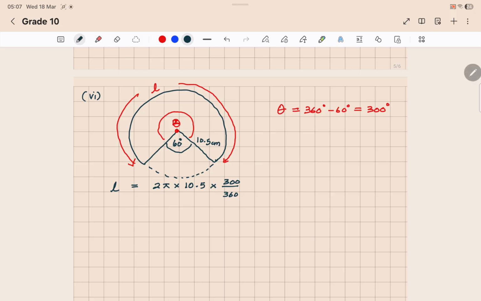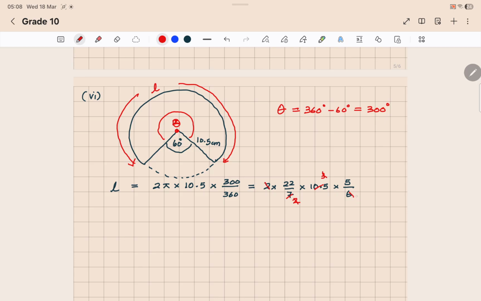So then simplify. 2 times 22 over 7, 10.5 times 300 over 360 is what? 5 over 6. So this simplifies into 2 and 3, and this cancels with this 2.